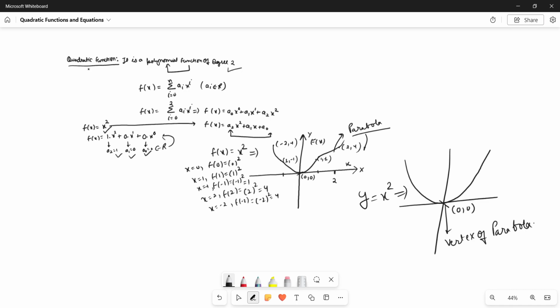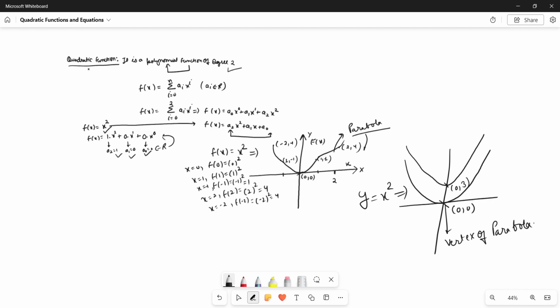Let's play with this parabola. Suppose we have to shift this parabola 3 units in the upward direction. What we will do? We will just plot a graph which has vertex as 0 comma 3.